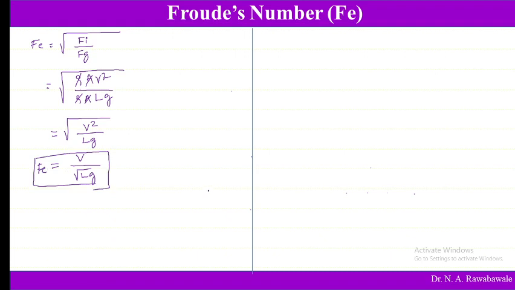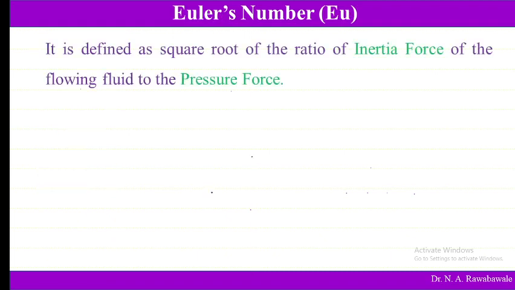Now coming to the next number, Euler's number. This is also defined as the square root of the ratio of inertia force to the pressure force of a flowing fluid. So Euler's number Eu is given as the square root of inertia force to the pressure force.